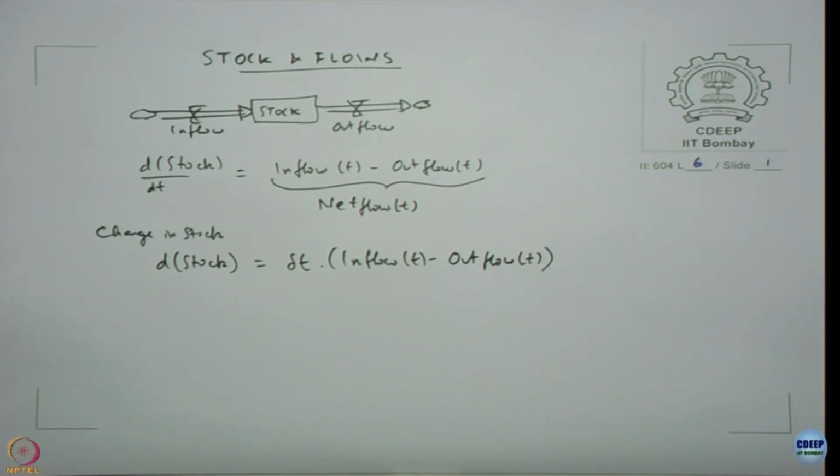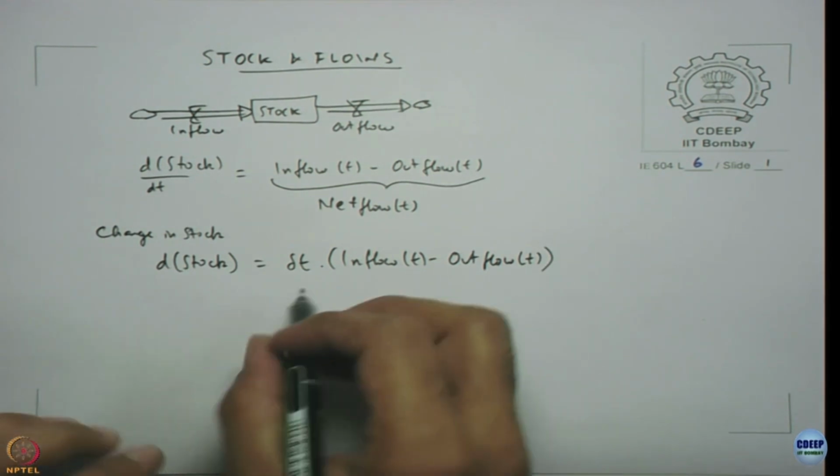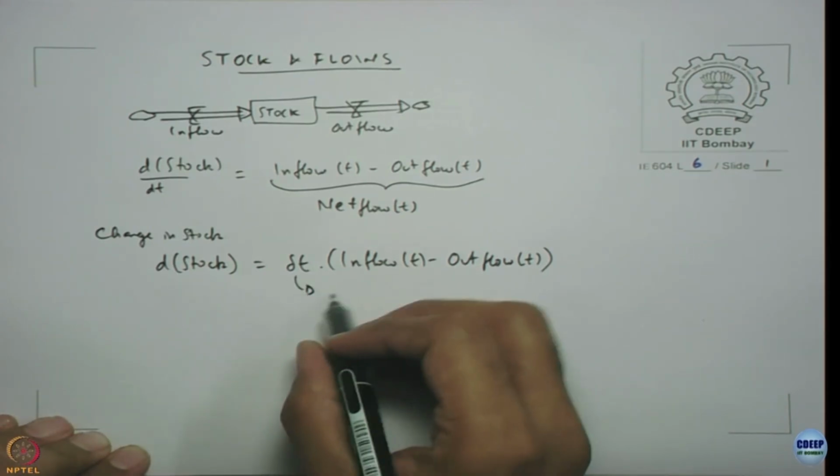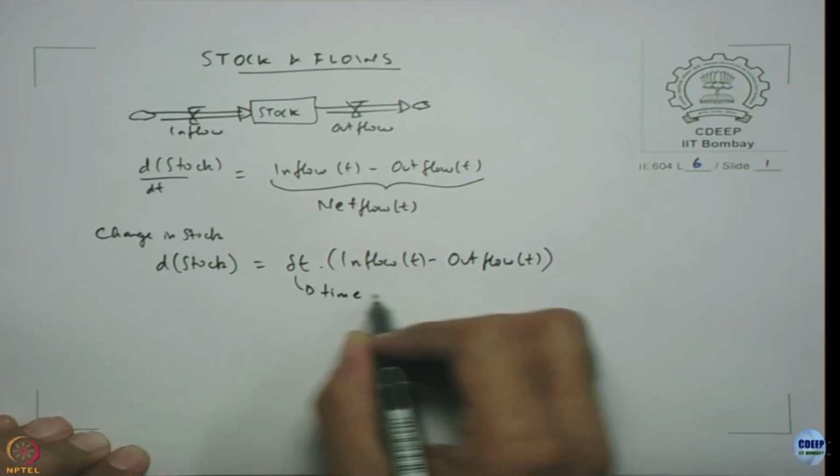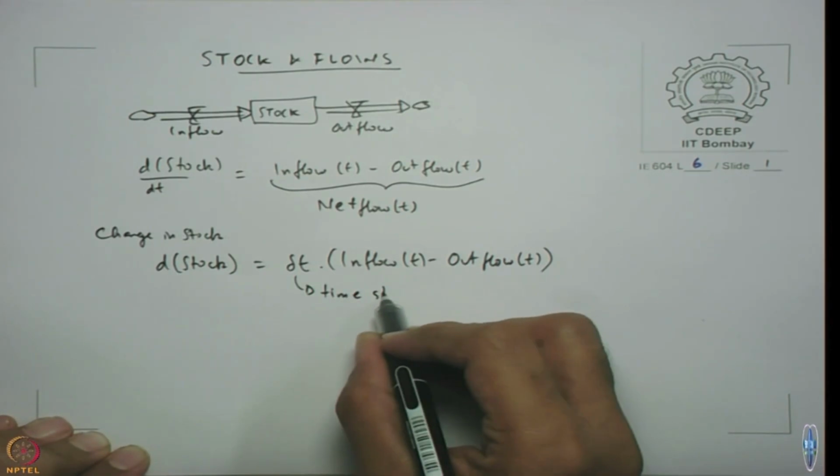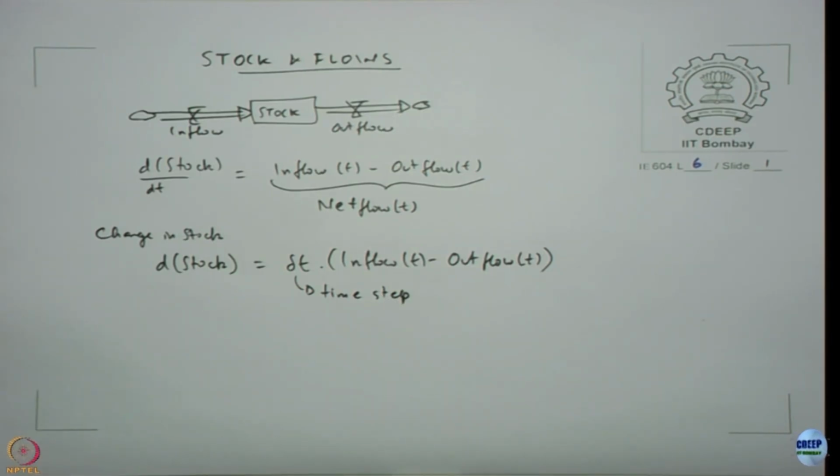And when we are trying to simulate it, this dt represents your time step or time interval, and we are measuring the change in stock during that particular time, and that's the amount of stock that is changed from its previous value, that is the amount added or subtracted from the stock.